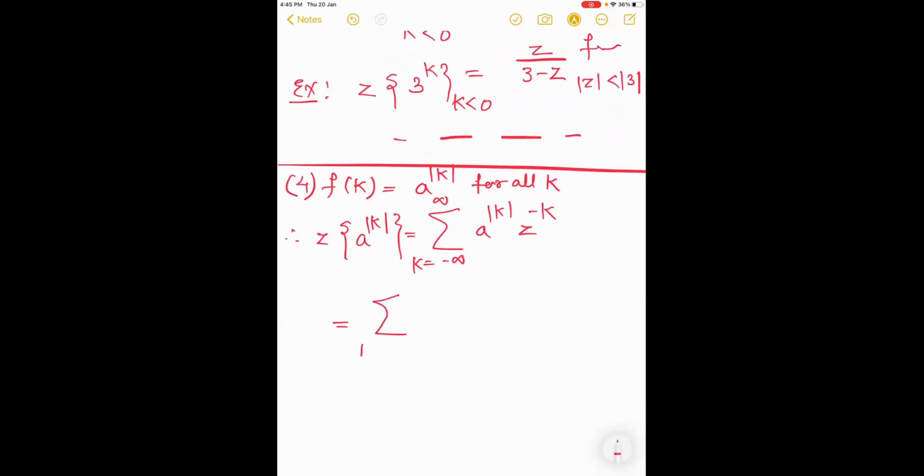Negative part as well as the positive part. So k from minus infinity to minus 1 plus k from 0 to infinity. So the total answer is minus infinity to infinity, which we are writing in two parts. Is it making sense?